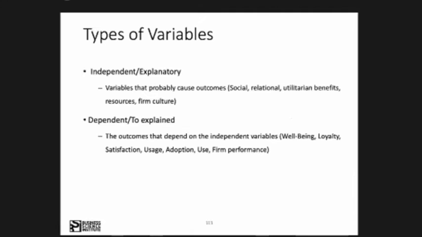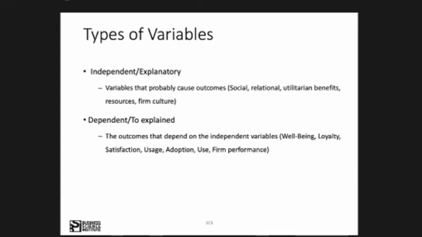You have to distinguish between different types of variables. First, the independent or explanatory variables, which are the variables that probably cause outcomes. For example, social, relational, utilitarian benefits, or resources, or firm culture. So, the variables that explain a phenomenon.